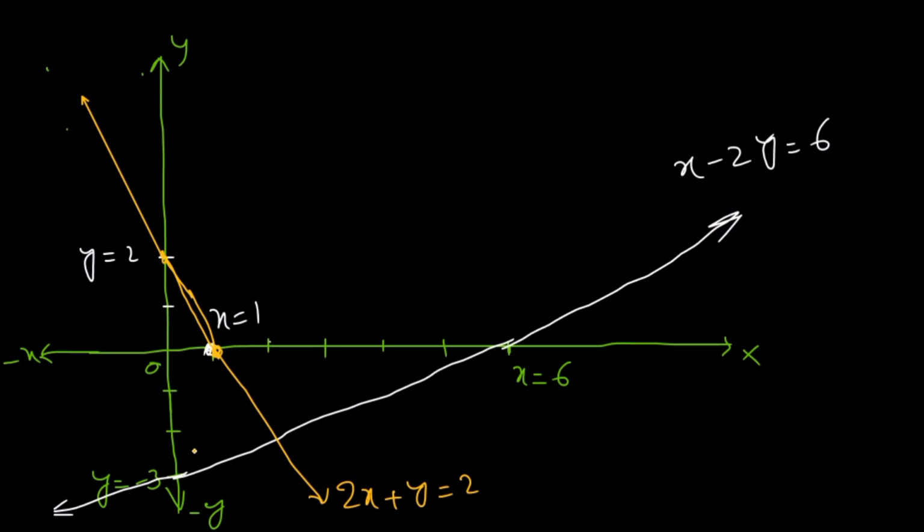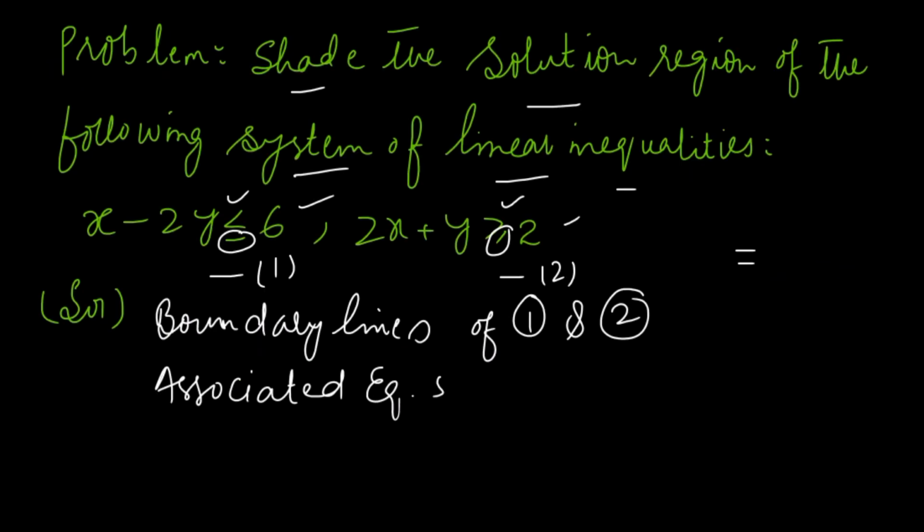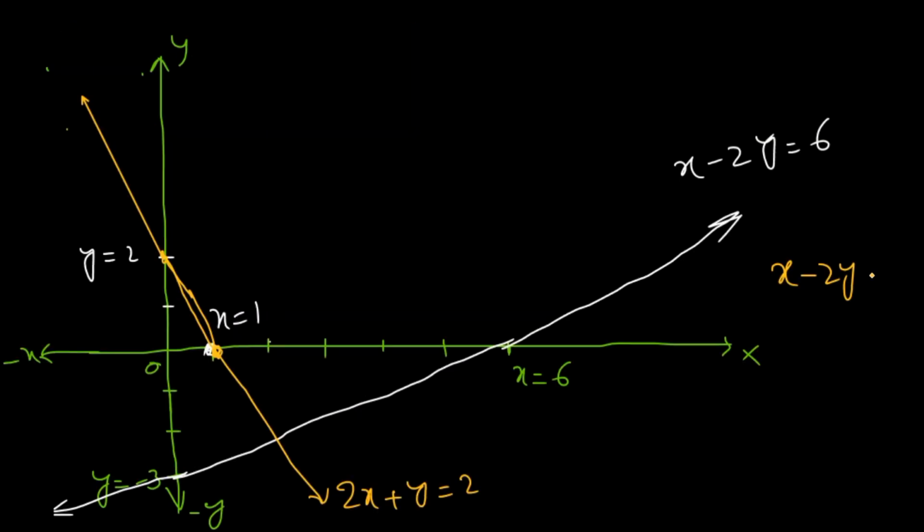So finally, to shade the solution region of the given inequality, the first inequality is x minus 2y is less than or equal to 6. To find the direction in which we shade the given inequality, we take a point that we usually take, 0, 0, that is called the test point.